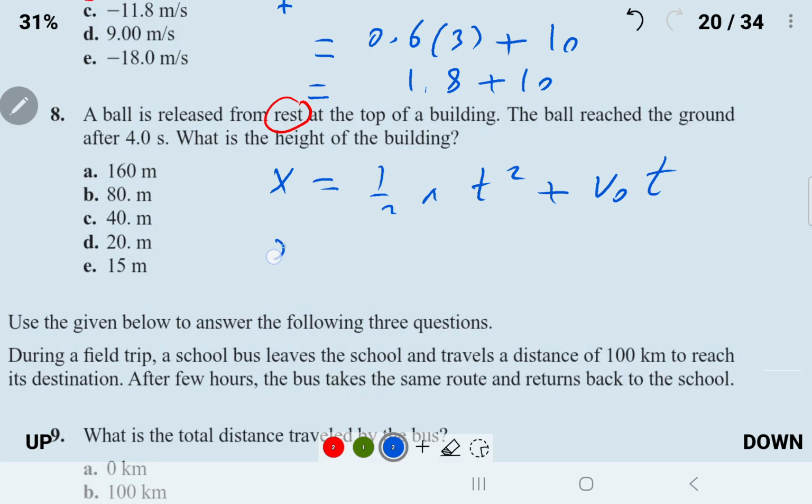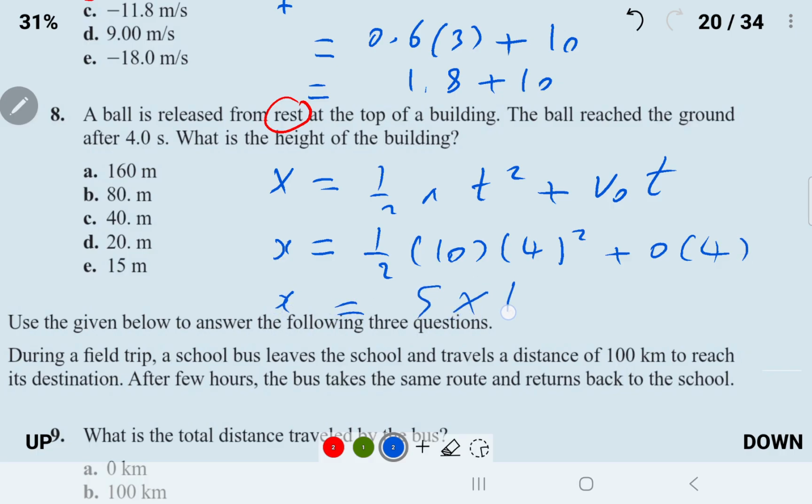So now we replace: x is equal to half times 10, the gravitational acceleration, times 4 squared plus 0 times 4. And then half times 10 is 5, times 16. And that will be 80, which means option B is the correct answer.